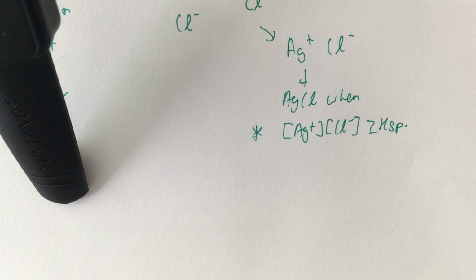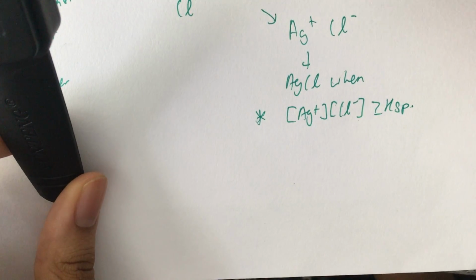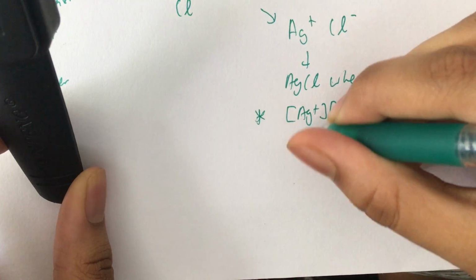It's something to do with the concentrations of both being over the Ksp. So as long as the product of the concentrations of Ag plus and Cl minus exceeds the Ksp, silver chloride will form. Yeah.